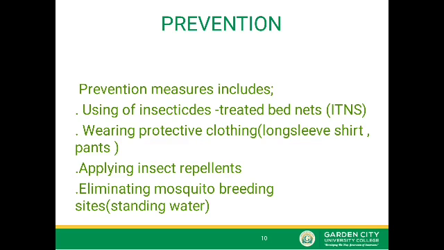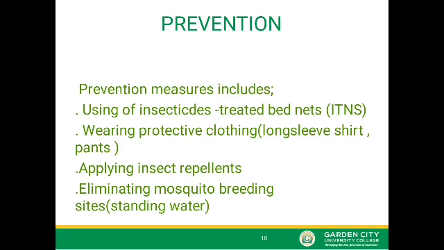Therefore, we are advised and educating each and everyone that when you go to your facility and you have been diagnosed of malaria, and you've been issued treated bed nets, please use them accordingly as described to prevent further complications.